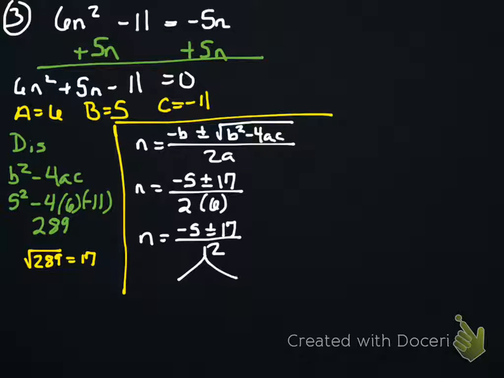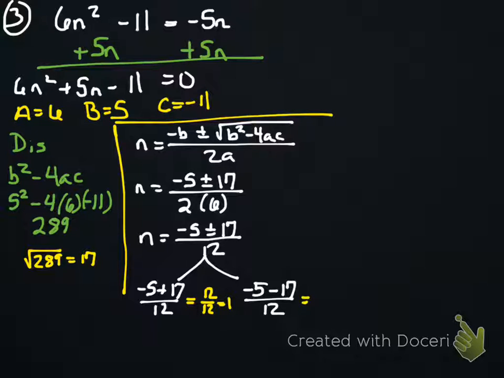Now we're going to figure out what these two fractions would actually be. And so negative 5 plus 17 divided by 12 is one option. The other one is negative 5 minus 17 divided by 12. So negative 5 plus 17 divided by 12 gives us 12 divided by 12, which is 1.